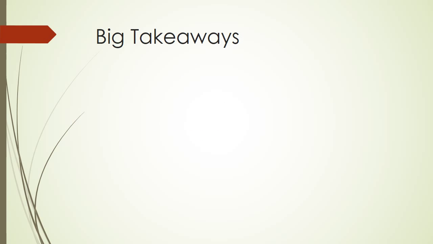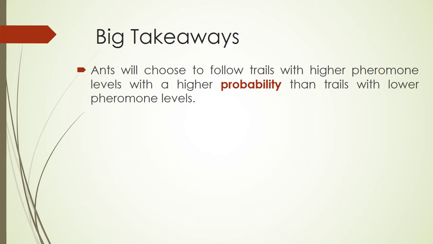So what are the big takeaways so far? Ants will choose to follow trails with a higher pheromone level with a higher probability than trails with lower pheromone levels. So, given the choice between two trails, they're more likely to choose the trail that has higher pheromone.